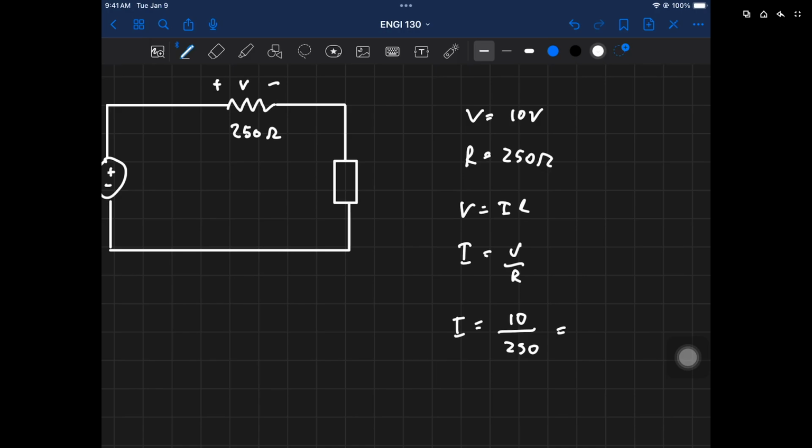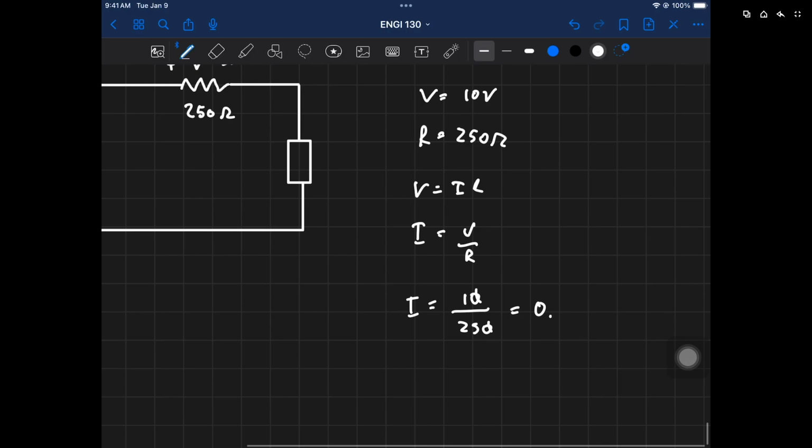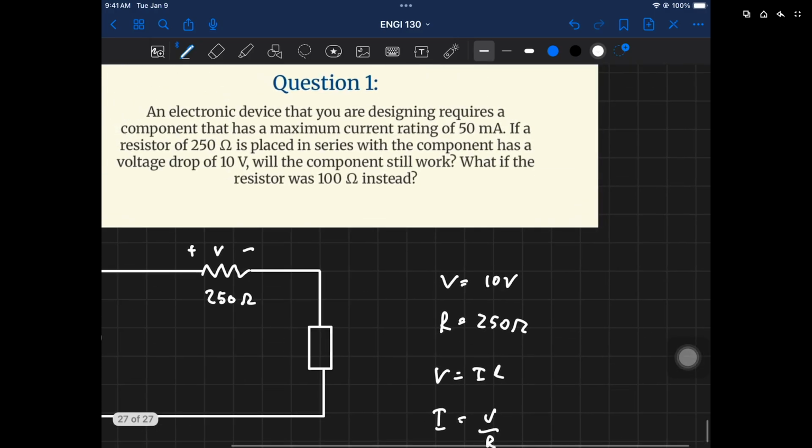What is that equal to? That would be 0.04 amps, or 40 milliamps.